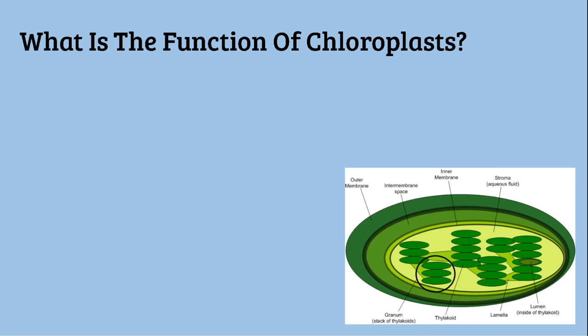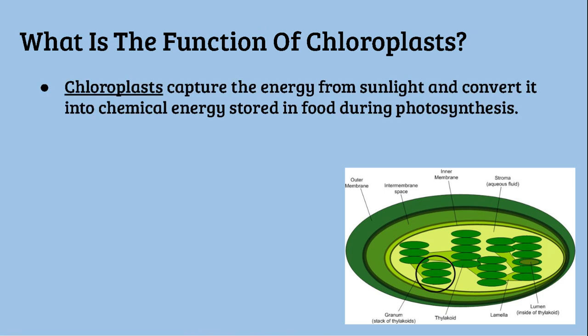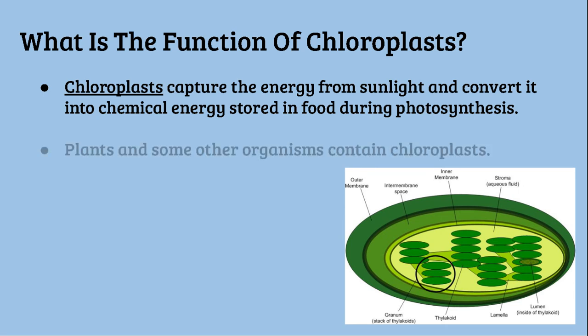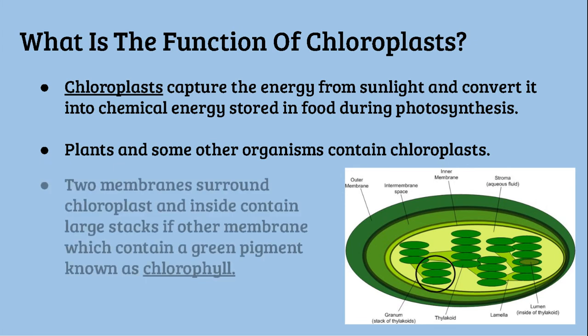Coming to our last two organelles, what is the function of chloroplasts? These are very specialized organelles found within eukaryotic plant cells that help to capture sunlight and convert that sunlight energy into chemical energy, such as glucose, or carbohydrates. Plants and some other organisms might contain chloroplasts.